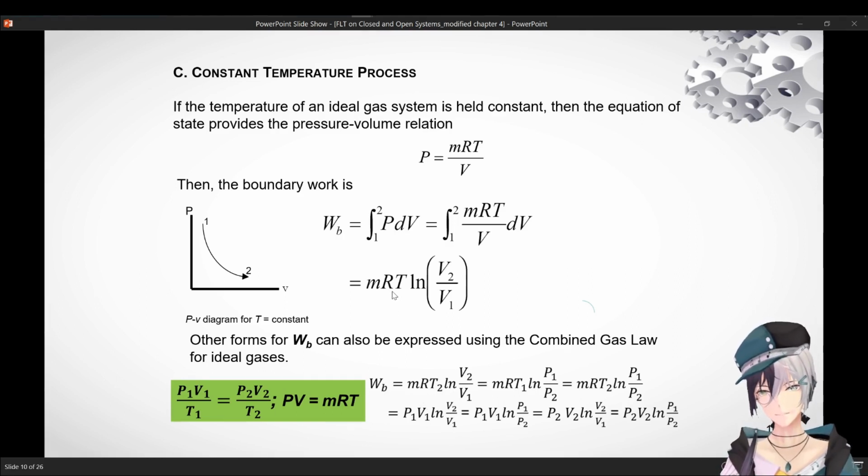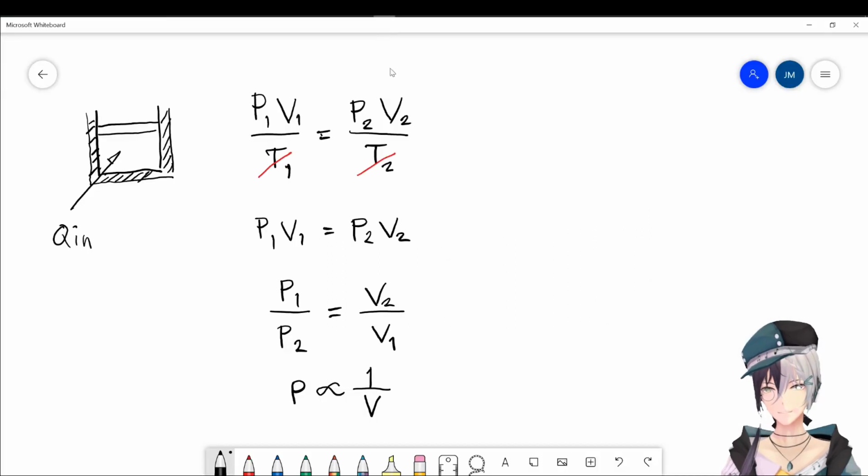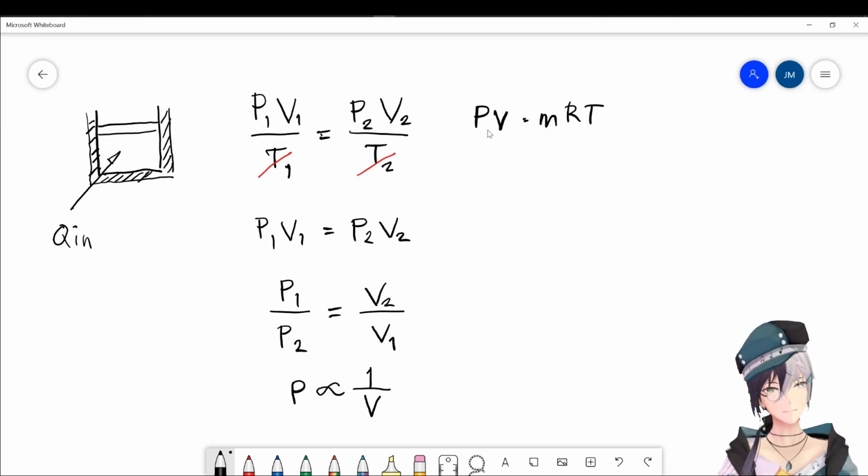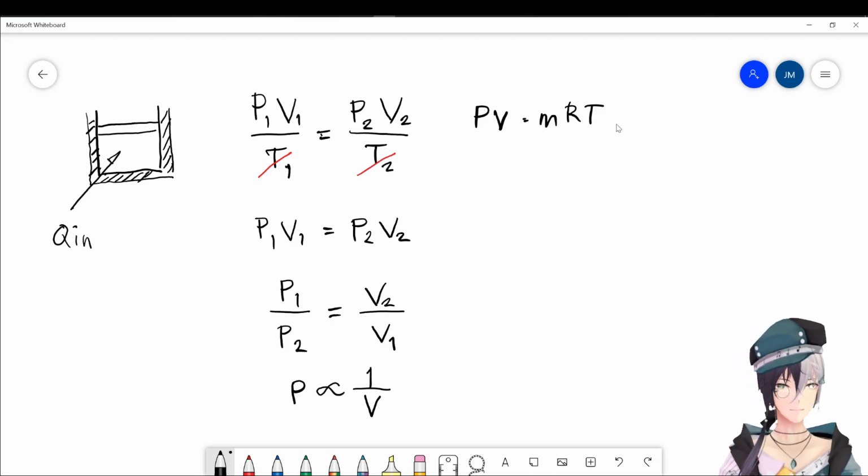MRT is PV. So let me write it here. PV equals MRT. So this can be pressure 1, volume 1, temperature 1, or pressure 2, volume 2, temperature 2.